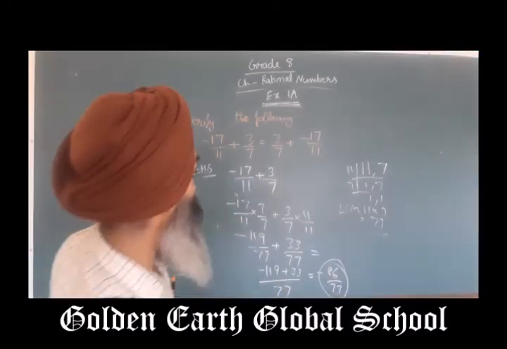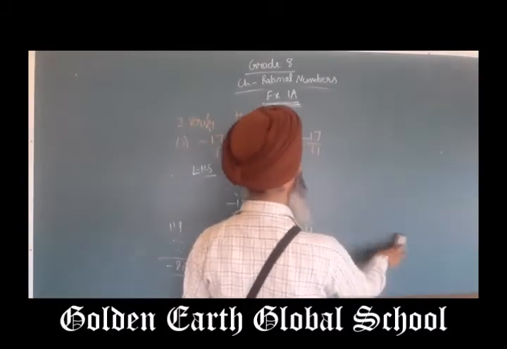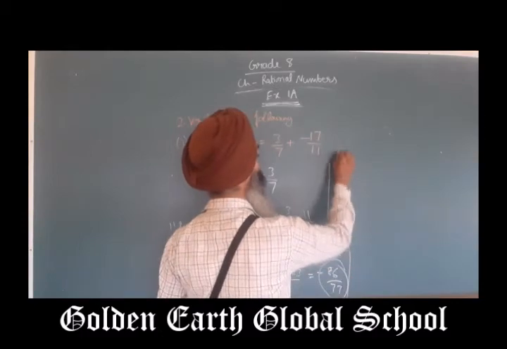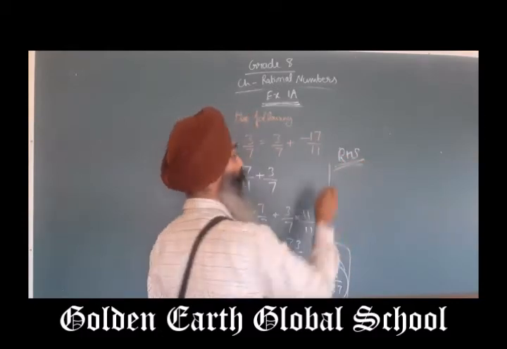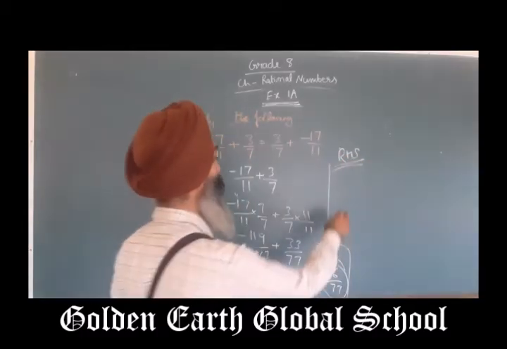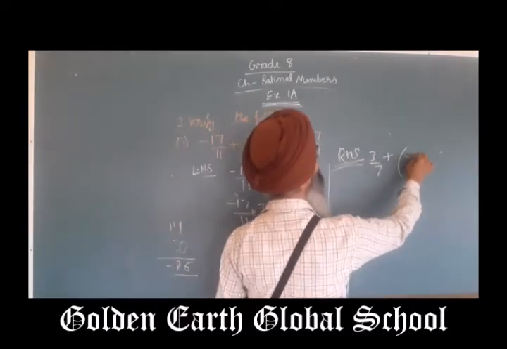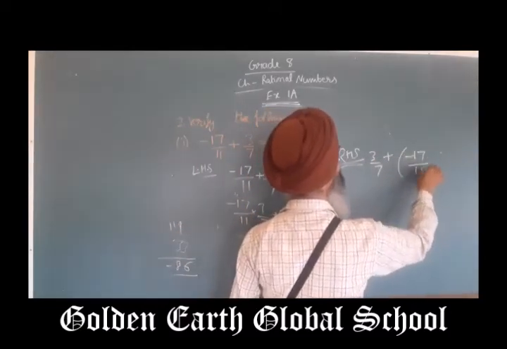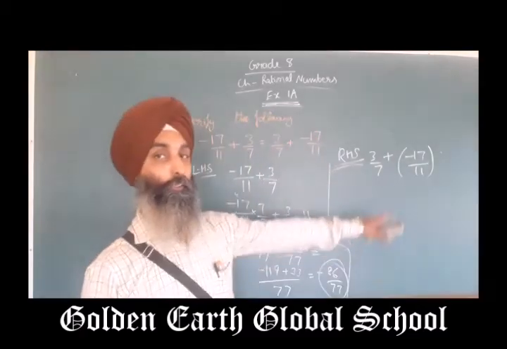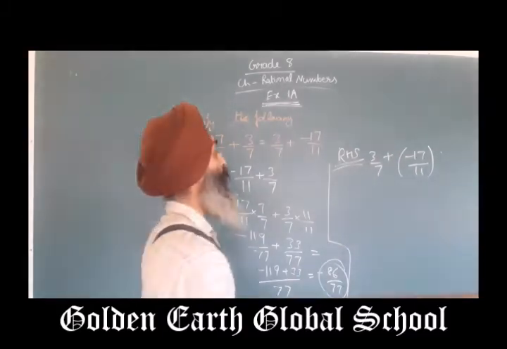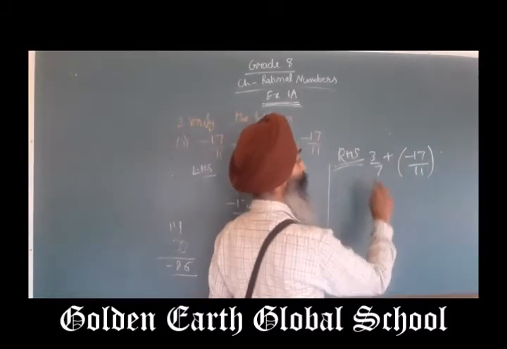Now we will solve the right hand side also, and check whether it is equal or not. So the right hand side is equal to 3 upon 7 plus minus 17 upon 11. Put the bracket, because whenever there is a plus and minus both, you have to put a bracket. Bracket means they are multiplying each other.